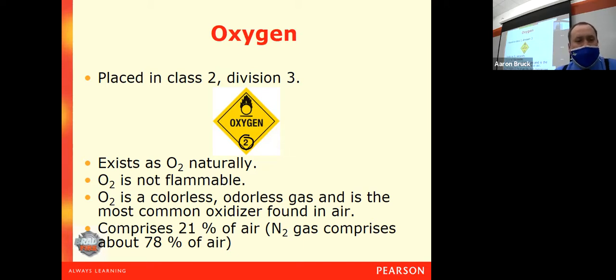It exists as O2 in its natural state. We've drawn its structure before. It naturally forms a double bond with itself, and that is how it stabilizes itself and helps meet its own octet. It itself is not a flammable material. It is colorless and odorless. It is the most common oxidizer that we find in the air.